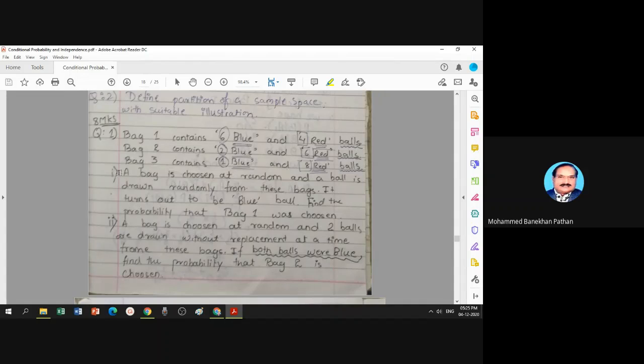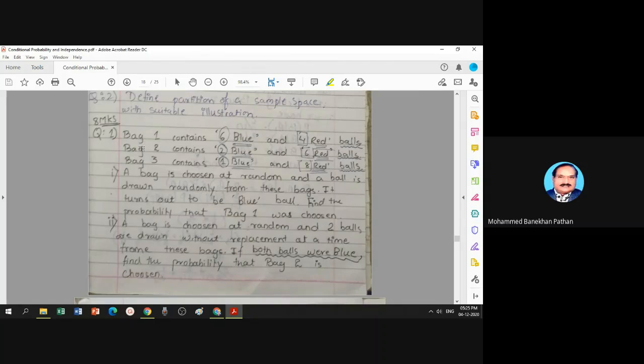This is the information given to you. So the information related to balls is distributed in 3 partitions. I call bag 1 the first partition, bag 2 the second partition, and bag 3 the third partition.